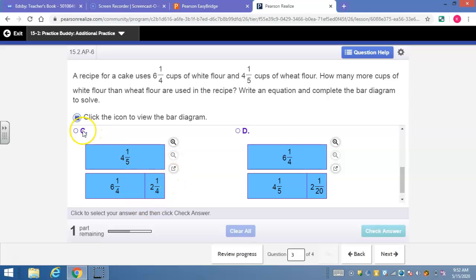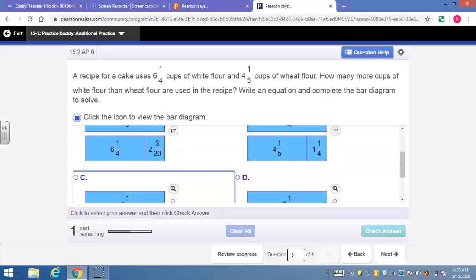Okay, I don't like this one either, because do you see how this bar for 4 1/5 is bigger than the one for 6 1/4? That doesn't make sense because the number 6 is bigger than 4. So I know that the bar for this number here should be the bigger one. So I can eliminate C right now.